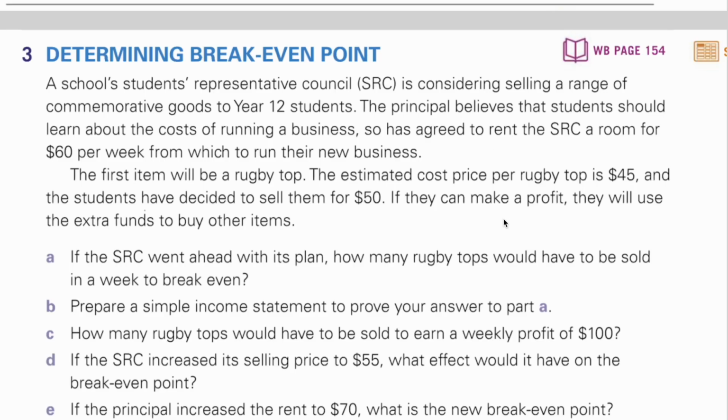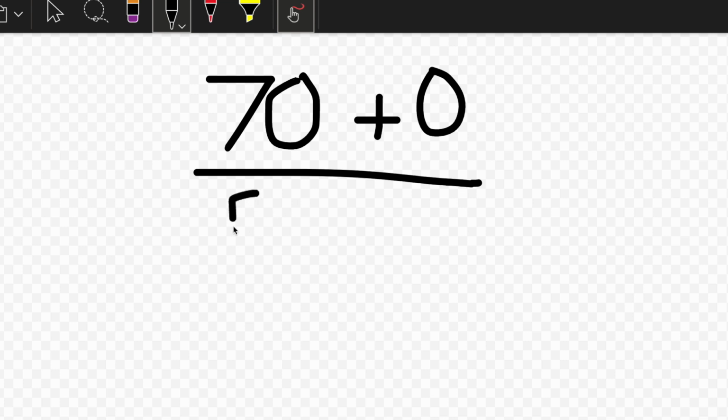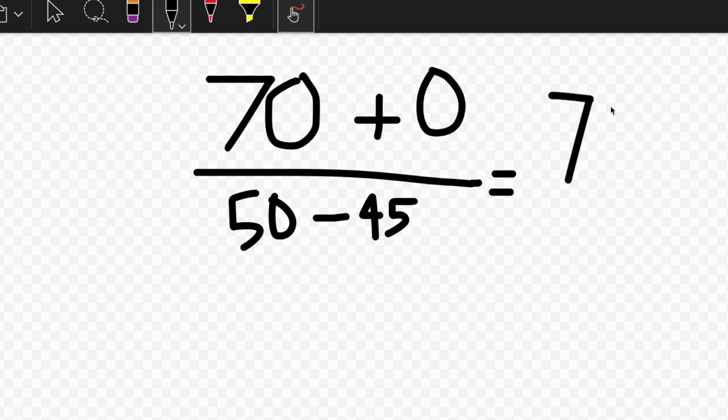Now the selling price is still $50, and then the variable costs are 45. So now with the rent or the fixed cost being higher, they would need to obviously sell more.